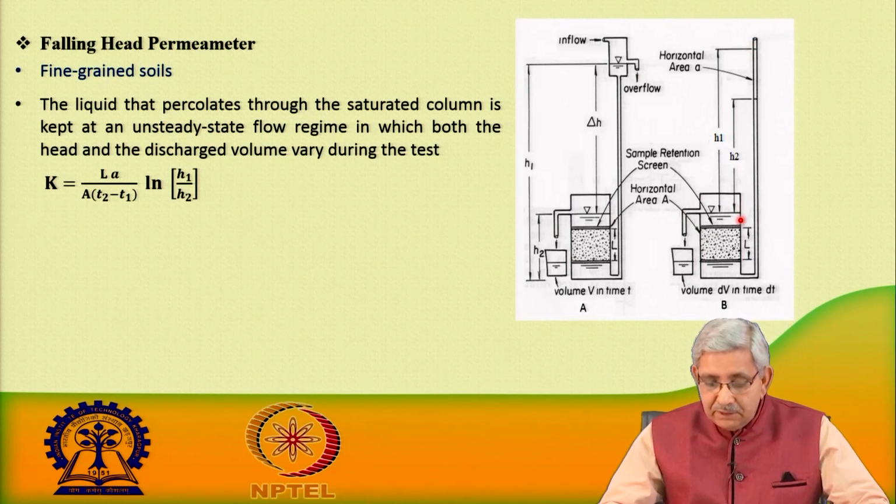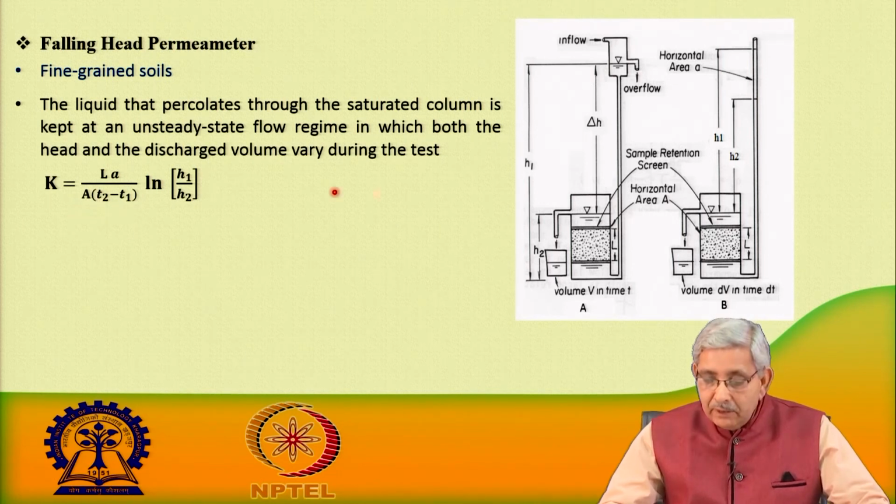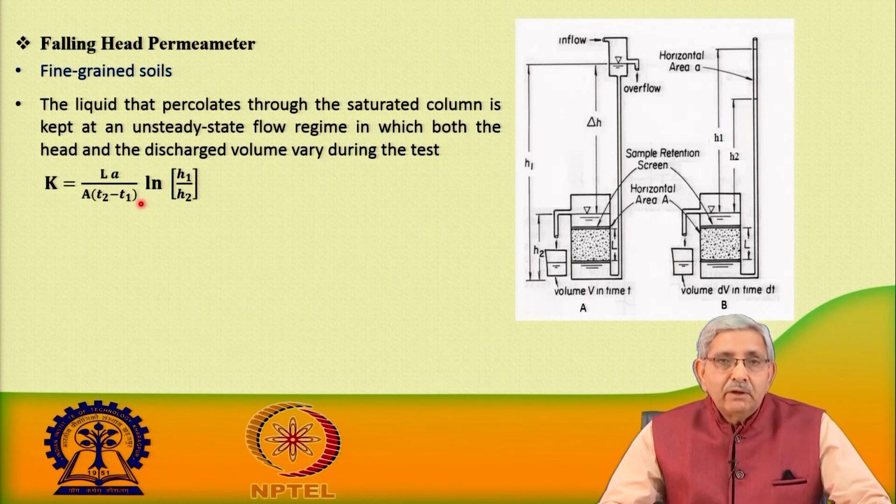This is the diameter of the soil column or core, and the tube diameter is A. So, it involves the length of the tube and the area of the smaller tube divided by the area of the column. T2 minus T1 means two time intervals when the values are taken, and the corresponding H1 and H2 are measured. So, logarithmic values of H1 and H2 are used.